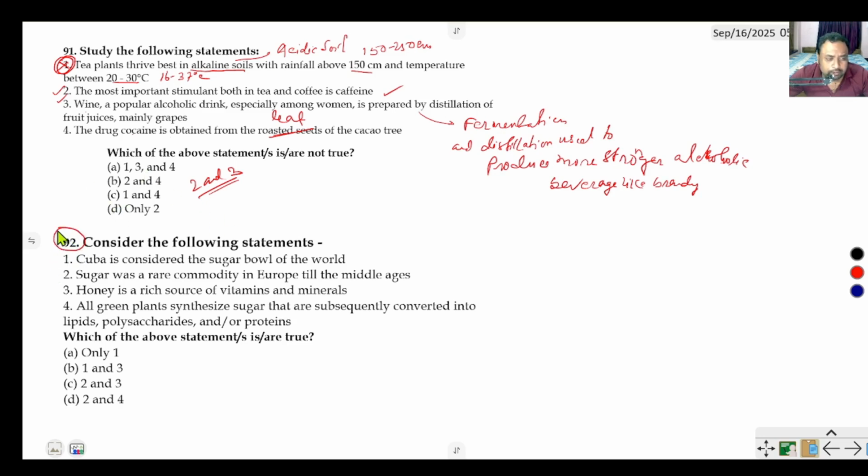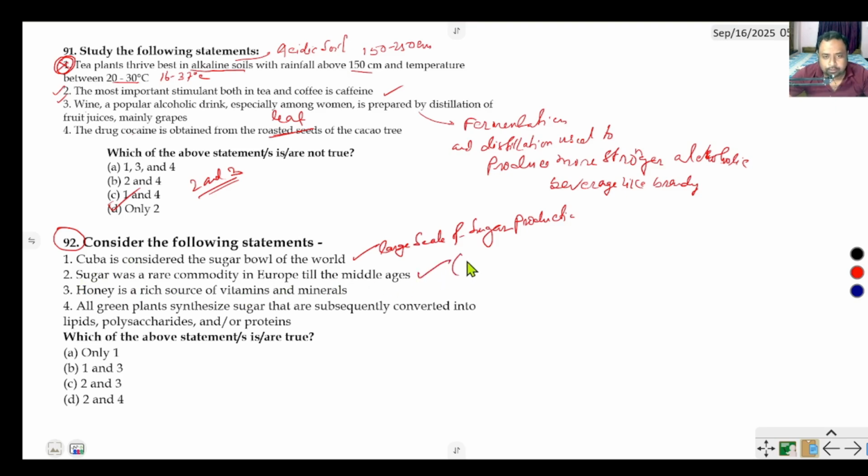Question number 92 says, consider the following statements: Cuba is considered the sugar bowl of the world. This is correct, because of large scale sugar production in Cuba and Brazil. Sugar was a rare commodity in Europe till the Middle Ages, right?